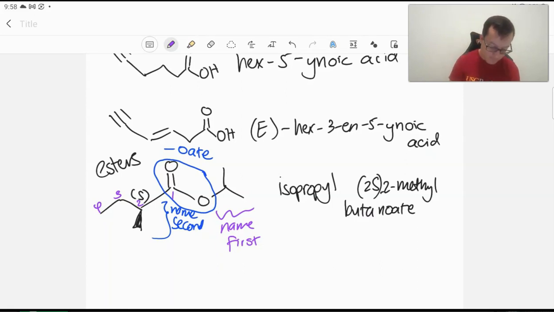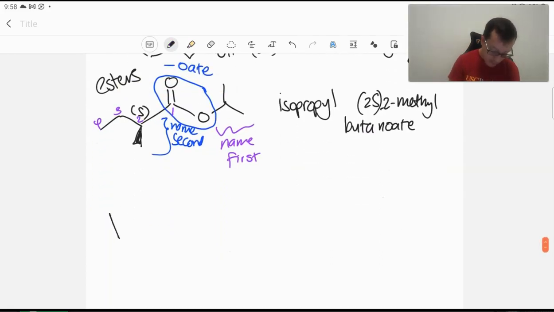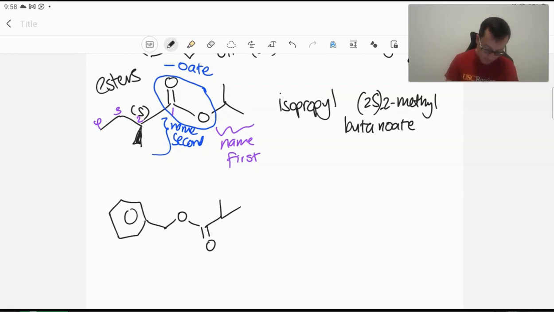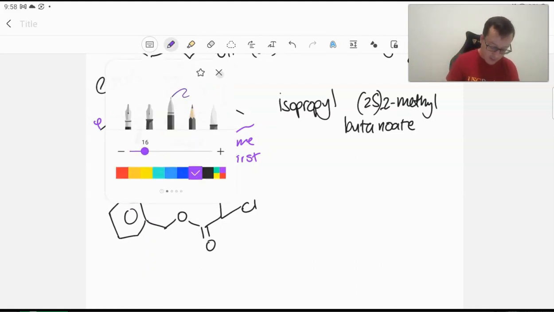Let's do some more. Go ahead. So we always will name the oxygen side first, and then the carbonyl side.